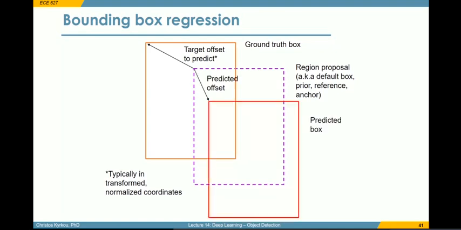Then our regressor refines that box to match as close as possible the ground truth. So the bounding box regression loss pushes the predicted box towards the ground truth to correct the errors that may have been introduced during the selective search proposal.